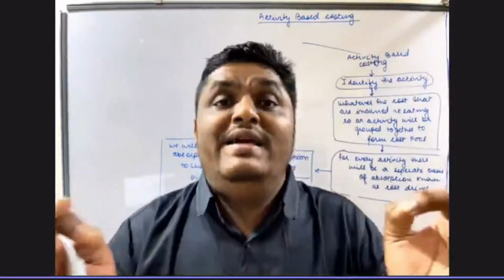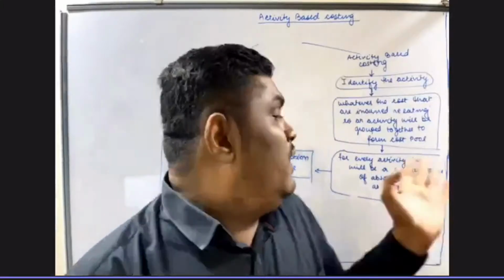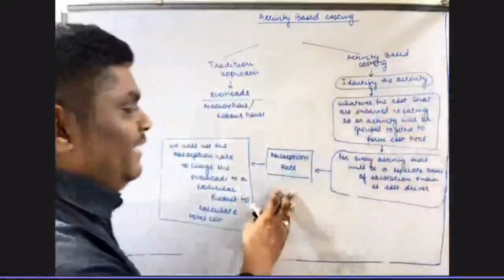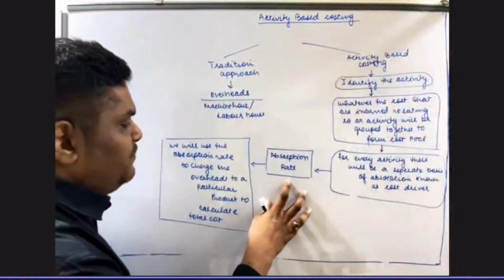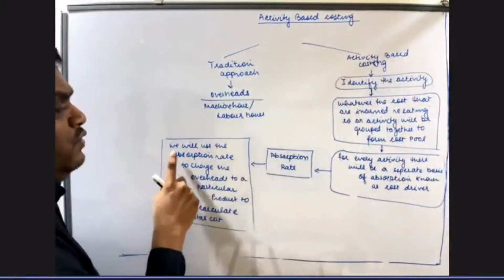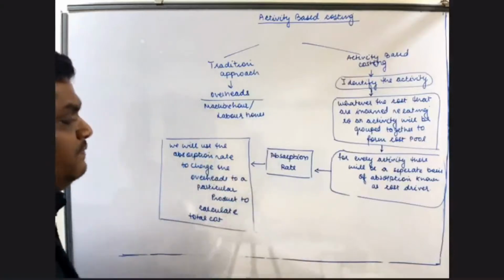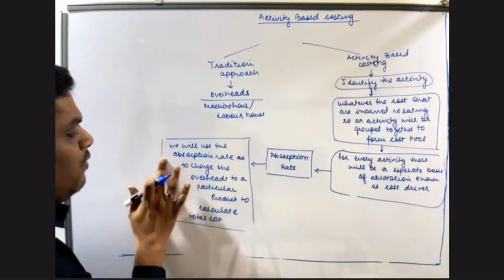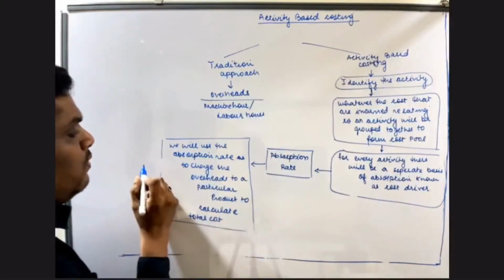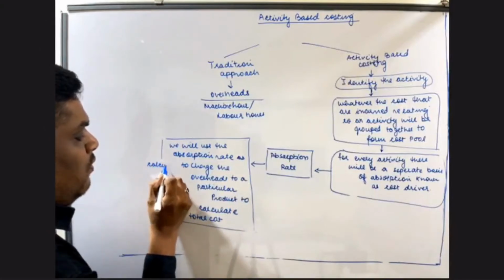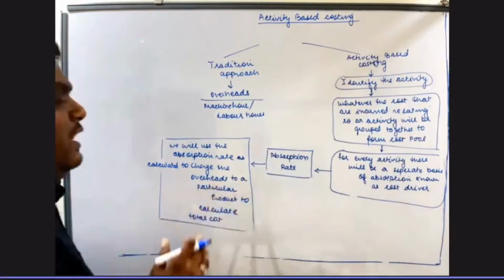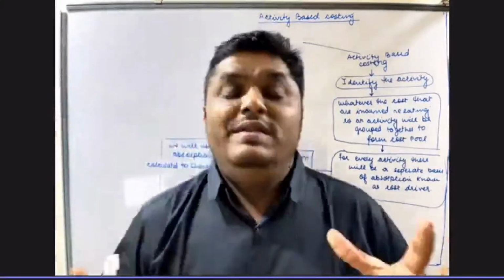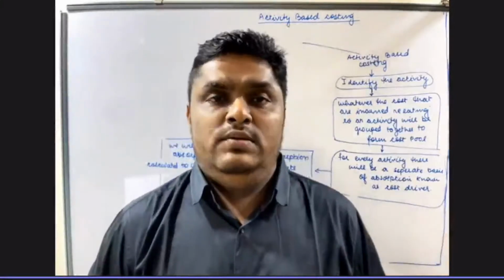We call it a cost driver. So the total cost divided by the cost driver gives the absorption rate, and we will use the absorption rate as calculated to charge the overheads to a particular product to calculate the total cost. So these are the various steps involved in activity-based costing.